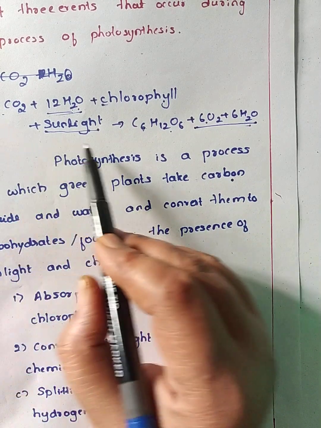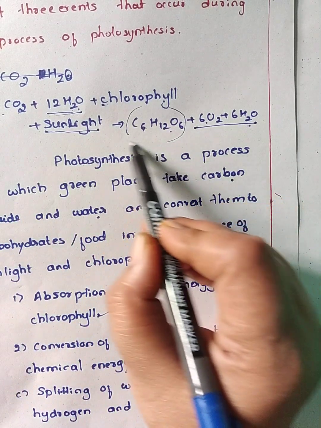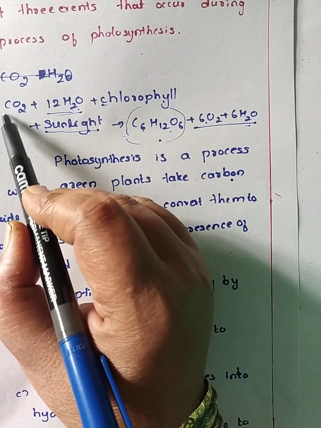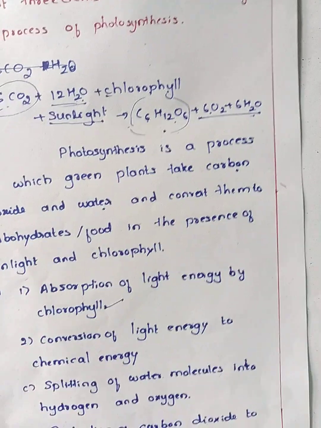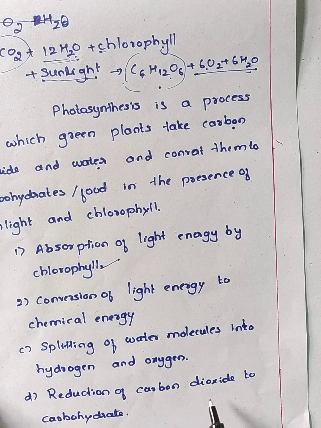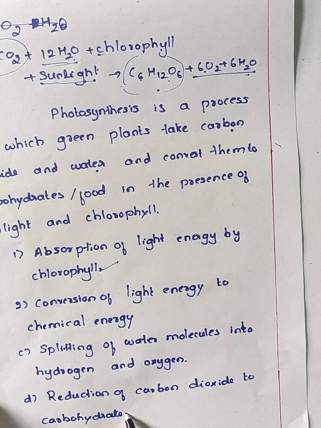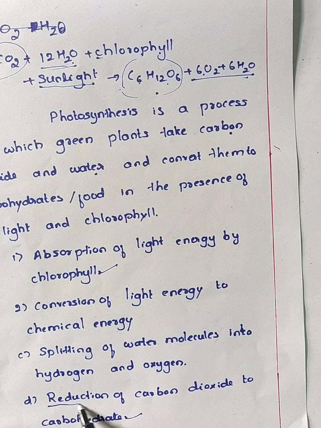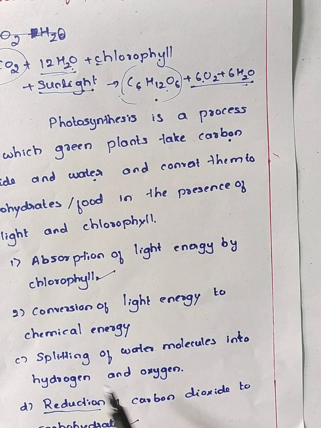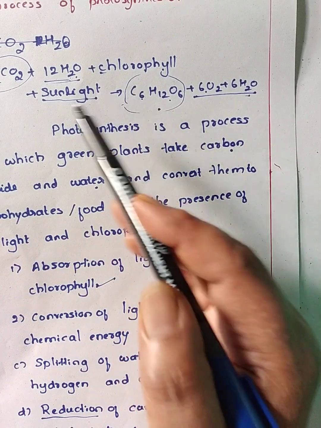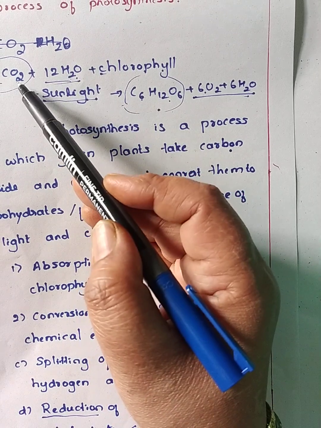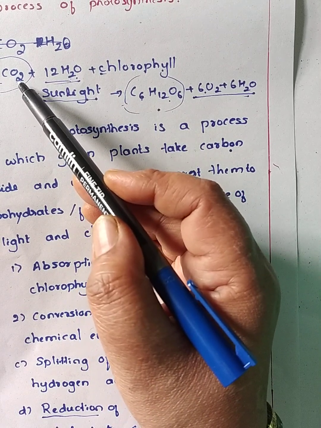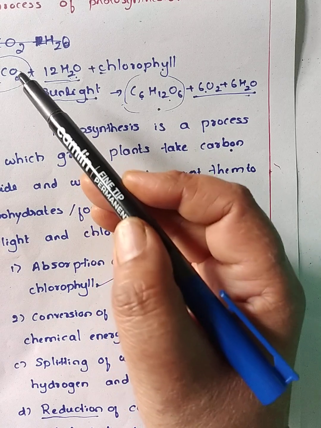Next one is how this C6H12O6 is formed in this reaction. This is called reduction of carbon dioxide to carbohydrate. So what is reduction? In a chemical reaction, when hydrogen is added to the reactant, that is called the reduction process.